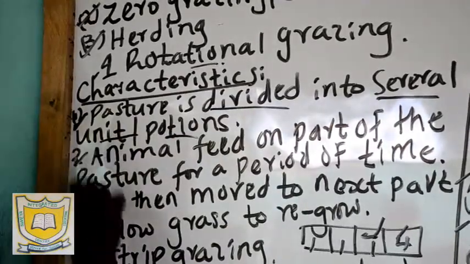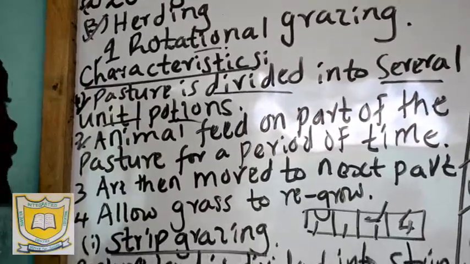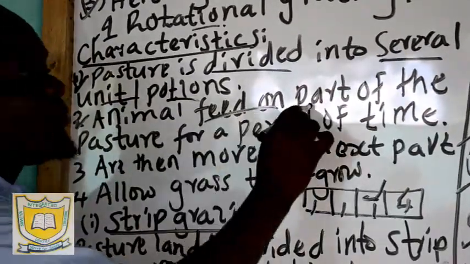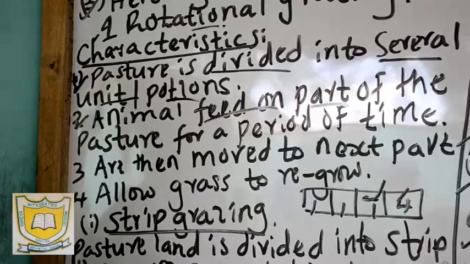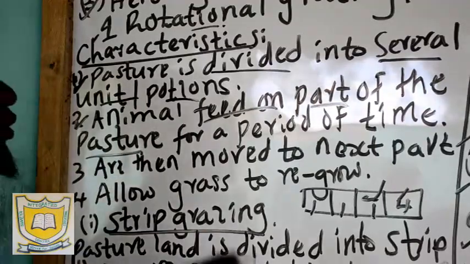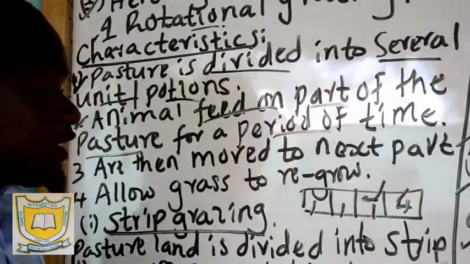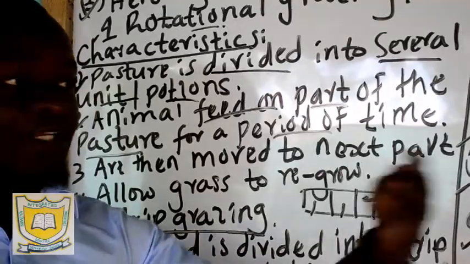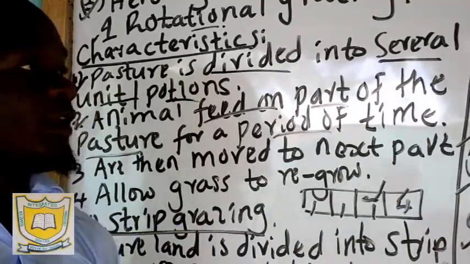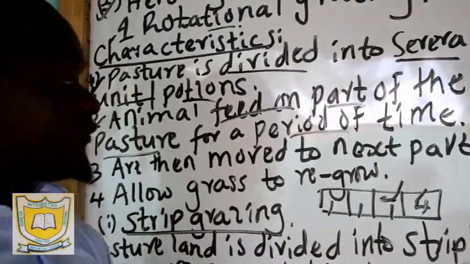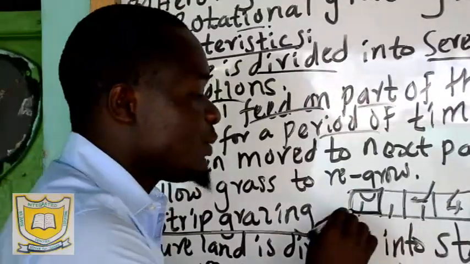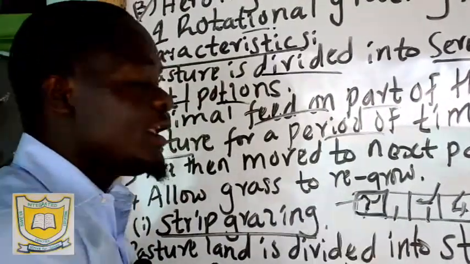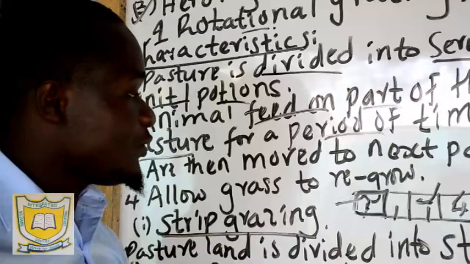The second characteristic of rotational grazing is that the animals feed on plants on parts of the pasture for a period of time. For example, on the first portion, the animal will feed for either one week or two weeks.